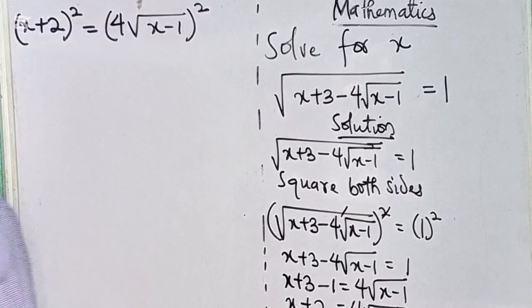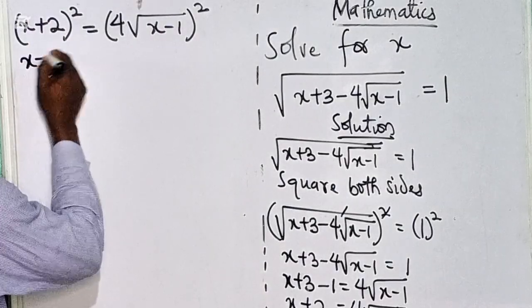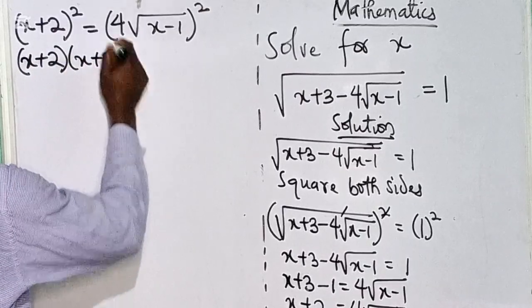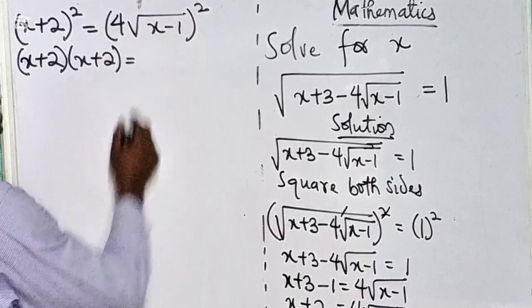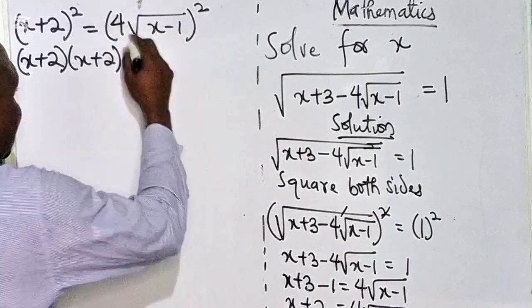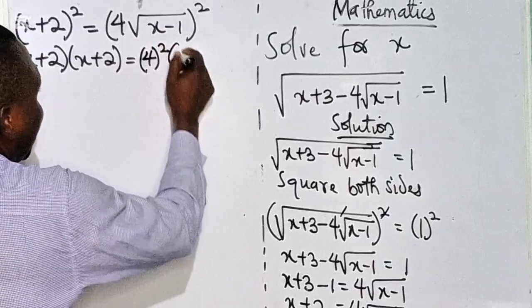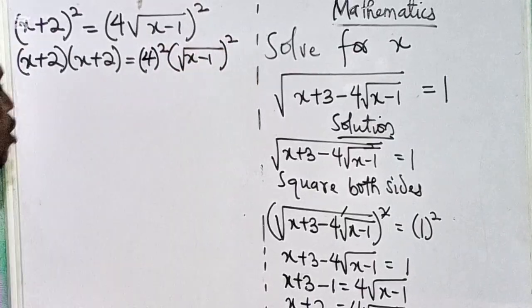So at the end of the day, it becomes what? Now this can be written as x plus 2, x plus 2. Now remember that this square also affects the 4. So for easier understanding, this can be written as 4 raised to the power of 2, brackets open, root x minus 1 raised to the power of 2.